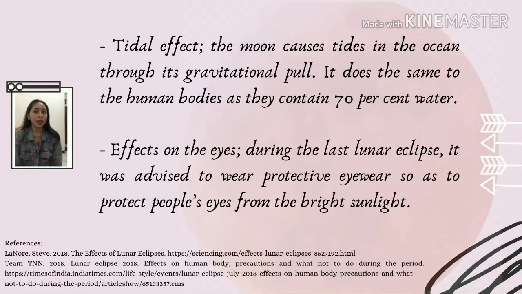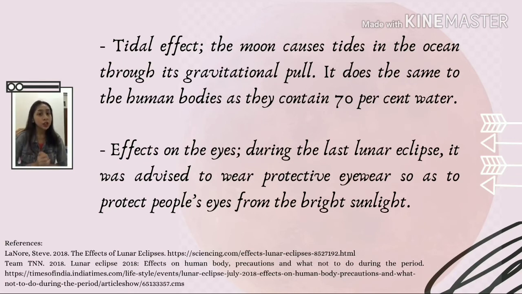The impact of moon eclipse has two kinds of impacts. The first one is tidal effects. The second one is effects on the eyes. First is tidal effect. The moon causes tides in the ocean through its gravitational pull. It does the same to human bodies as they contain 70% water.